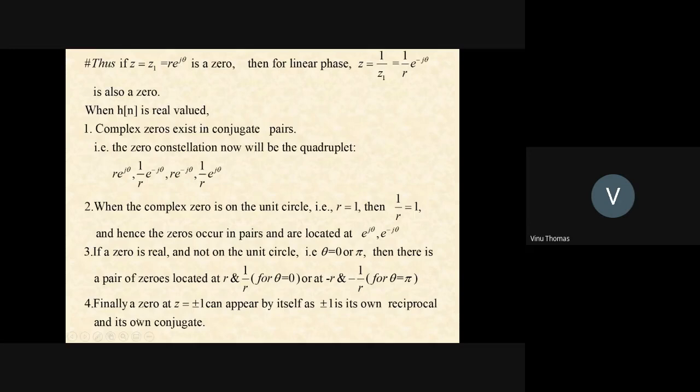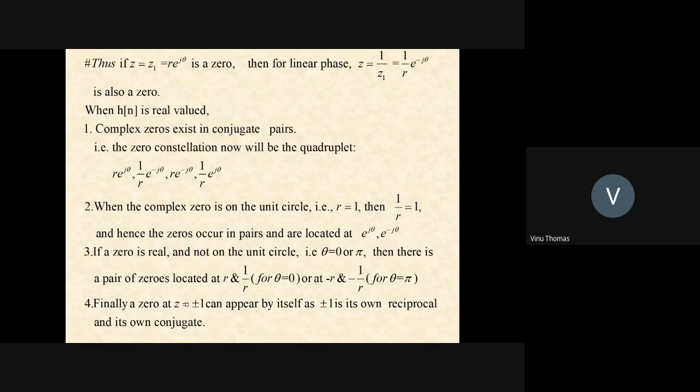And finally, if you have a zero at z equal to plus or minus 1, then you will have its reciprocal and its conjugate at plus or minus 1 itself. So if plus 1 is a zero, then its reciprocal is also plus 1, right?